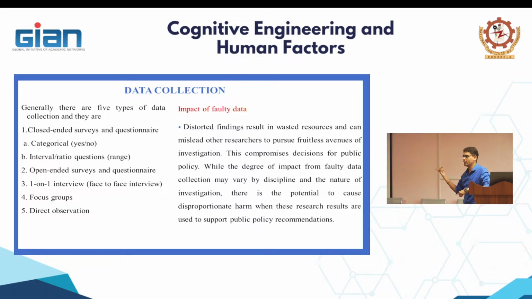Closed-ended survey again has two different subcategories, that is the categorical or the interval. Categorical means yes or no type. The interval or ratio type is like after purchasing on any commercial site, if you are purchasing online, you give ratings, 5 star, 2 star, 1 star, no star. That is nothing but the interval.